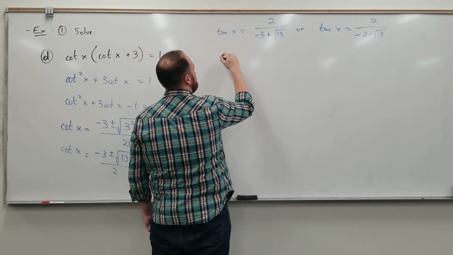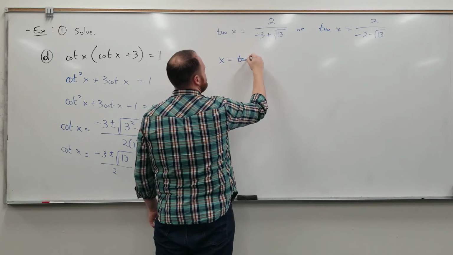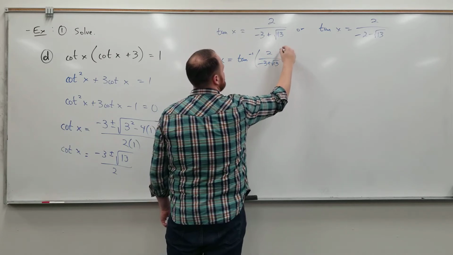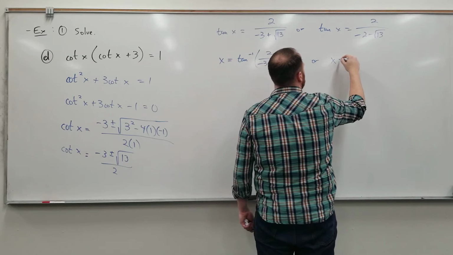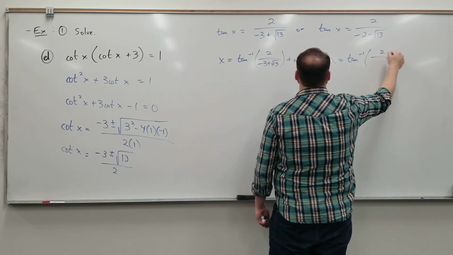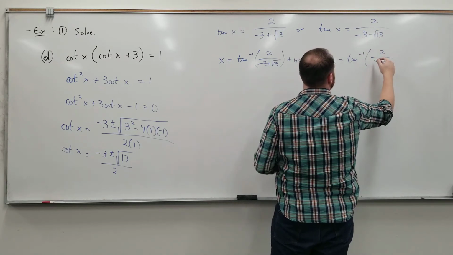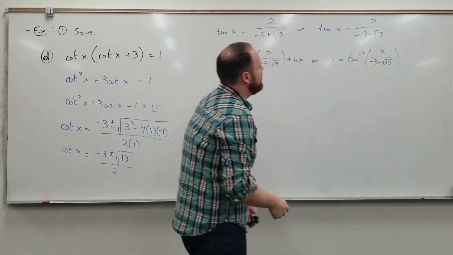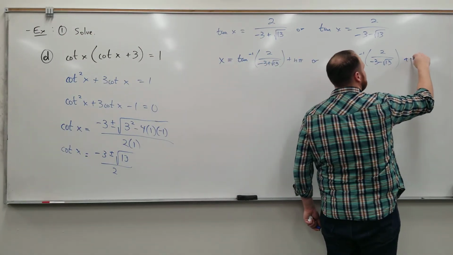So I'm going to say, all right, so then x is tangent inverse of 2 over negative 3 plus root 13 plus n pi, or x is tangent inverse of 2 over, oh, why did I make it 2? That should be a 3, right? So 3 over negative 3 minus root 13 plus n pi.